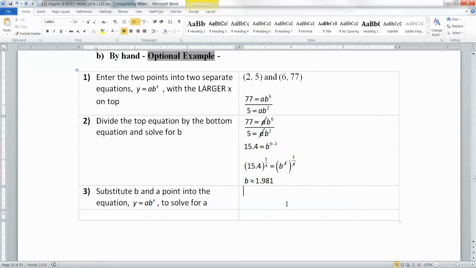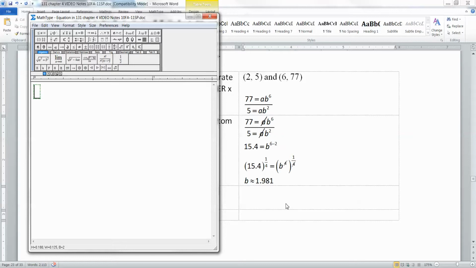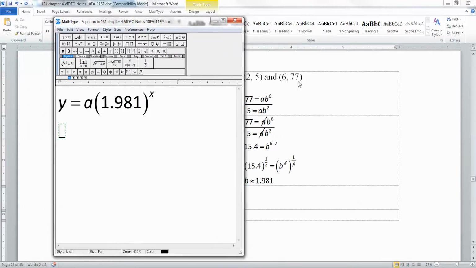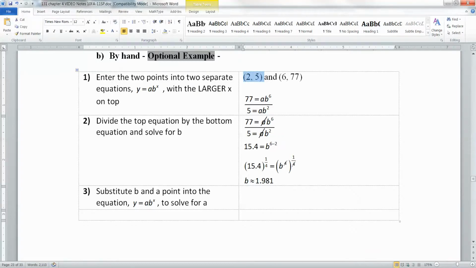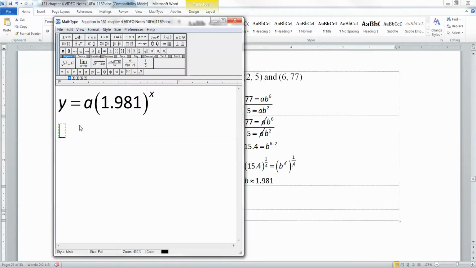So I know it's got to be y equals a times 1.981 to the x, because we found that. Then I'm going to pick one of my points. How about the point 2, 5? You could pick 6, 7.7 as well. It doesn't really matter. But 5 equals a, I still don't know, times 1.981 to the 2.